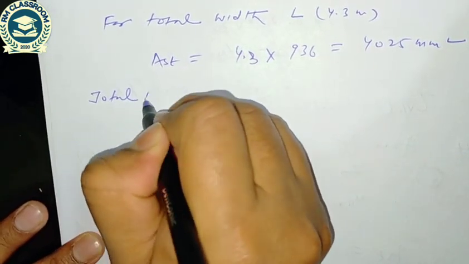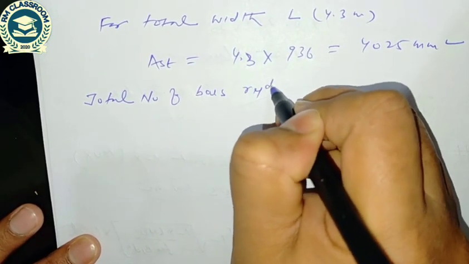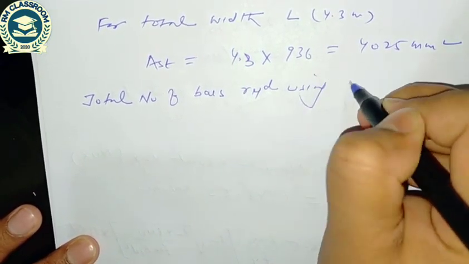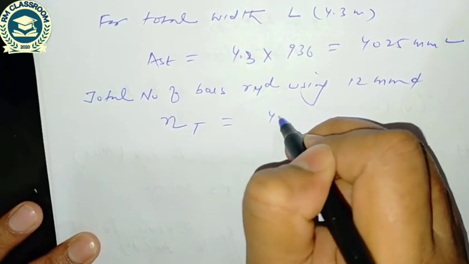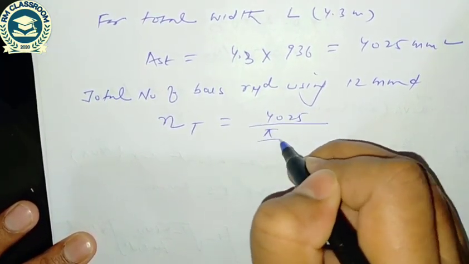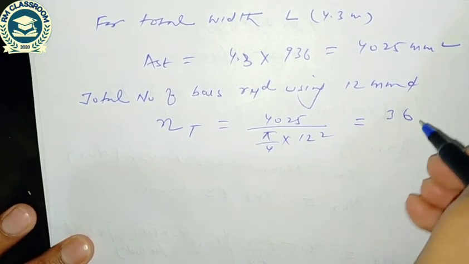Total number of bars required using 12 mm phi, NT is equal to 4025 divided by pi by 4 into 12 square, so it is coming 36 bars.